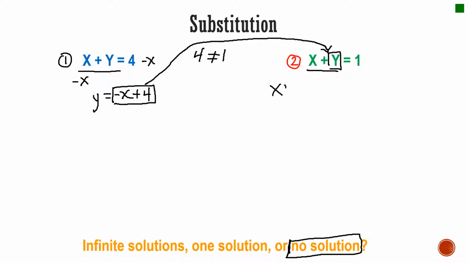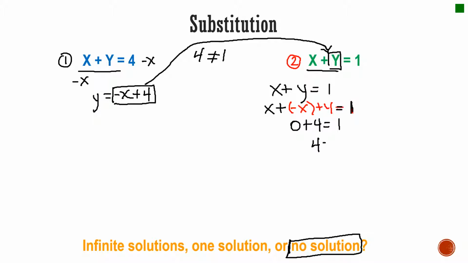I have x plus y equals 1. So now x plus negative x plus 4 equals 1. I like the substitution just to be a different color. So as I can see here, x plus negative x cancels out and gives me 0, plus 4 equals 1.